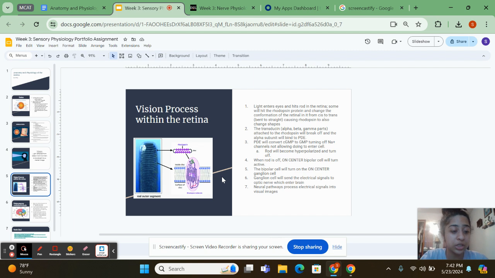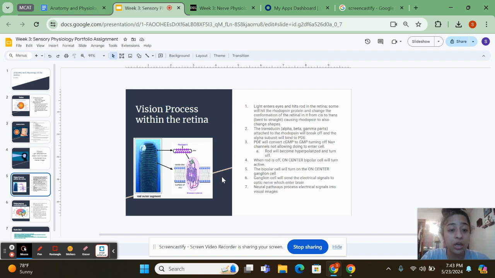And this was originally attached to the rhodopsin, but when that conformational change occurs, it will leave the rhodopsin. And then the alpha subunit of the transducin will attach to PDE, which is a complex that converts the cGMP to GMP. So what this means is that cGMP, when it's bound to sodium ion channels, sodium can enter the neuron.